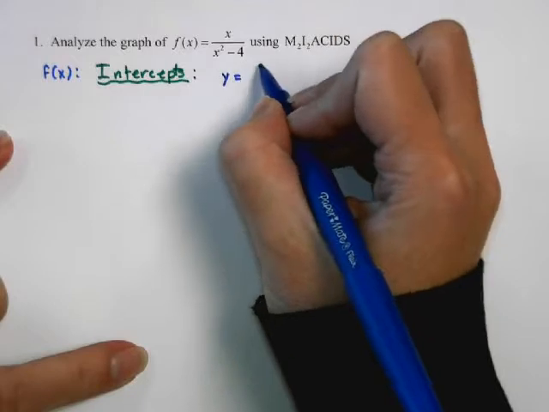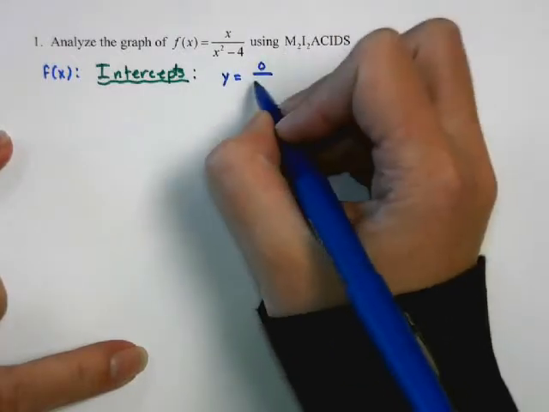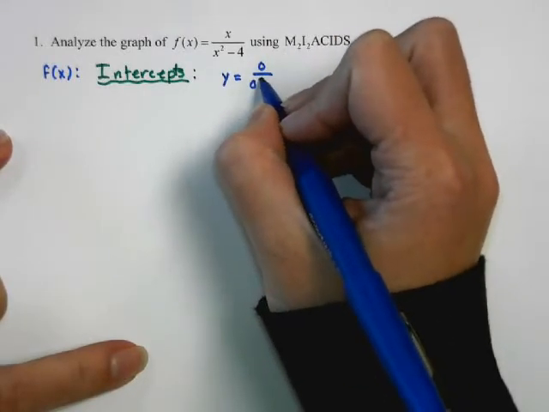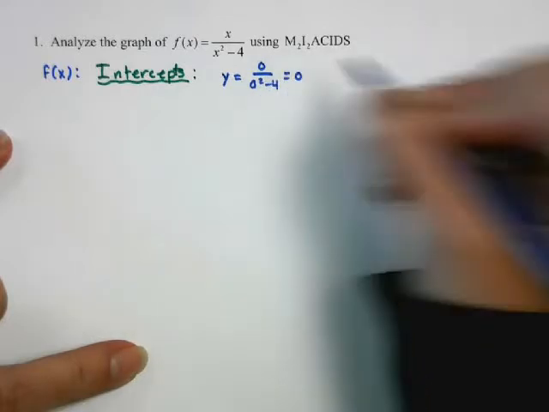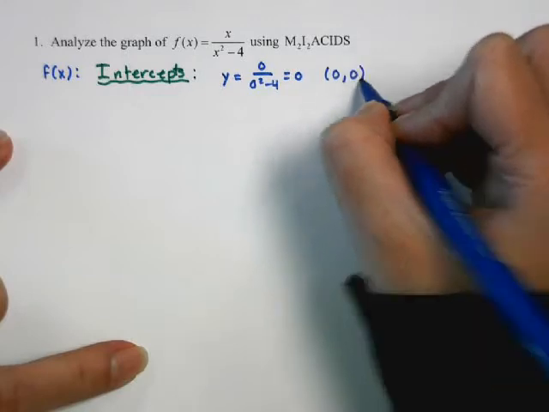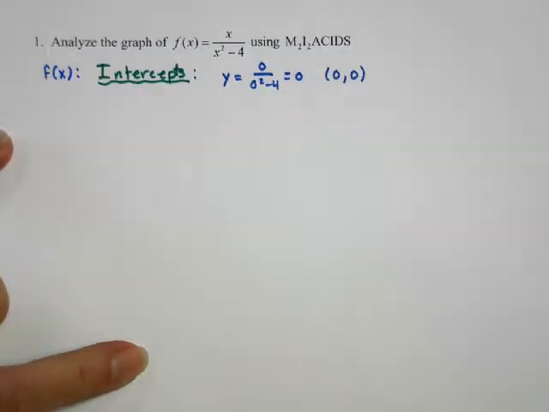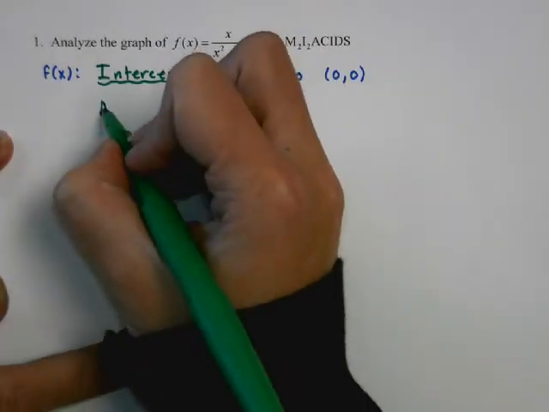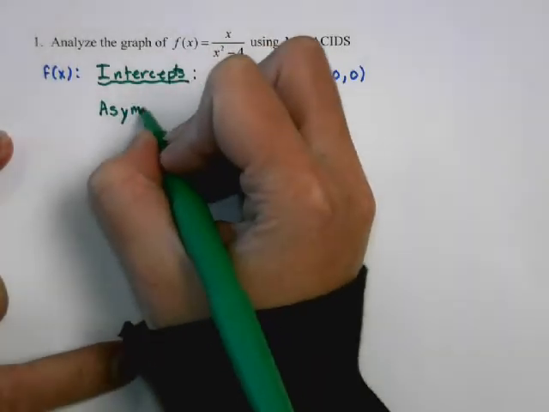So let's start with 0 for x. So that's going to be 0 over 0 squared minus 4, which is 0. So when x is 0, y is 0. So that's actually both our x-intercept and y-intercept is at the origin. Next, we're going to look at asymptotes.